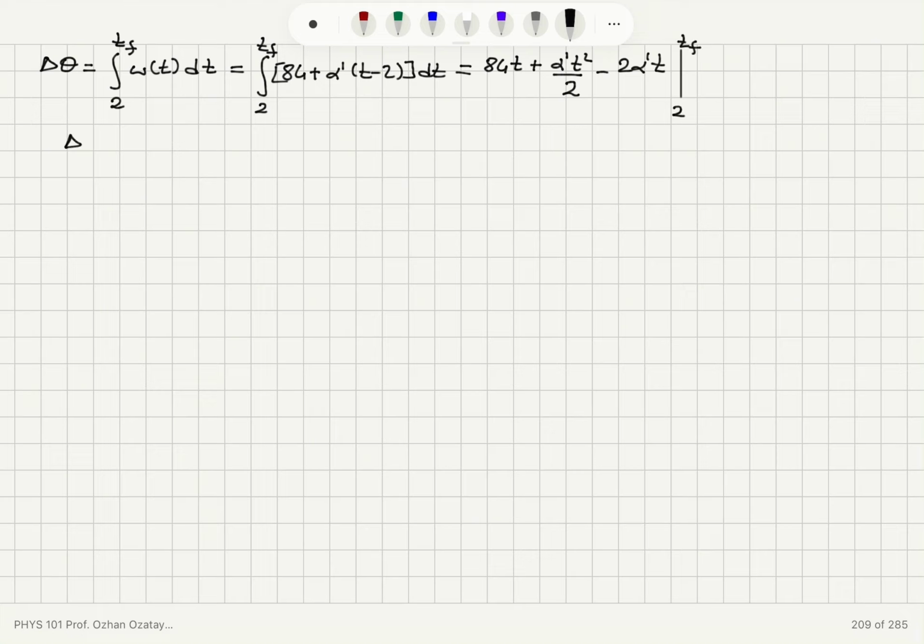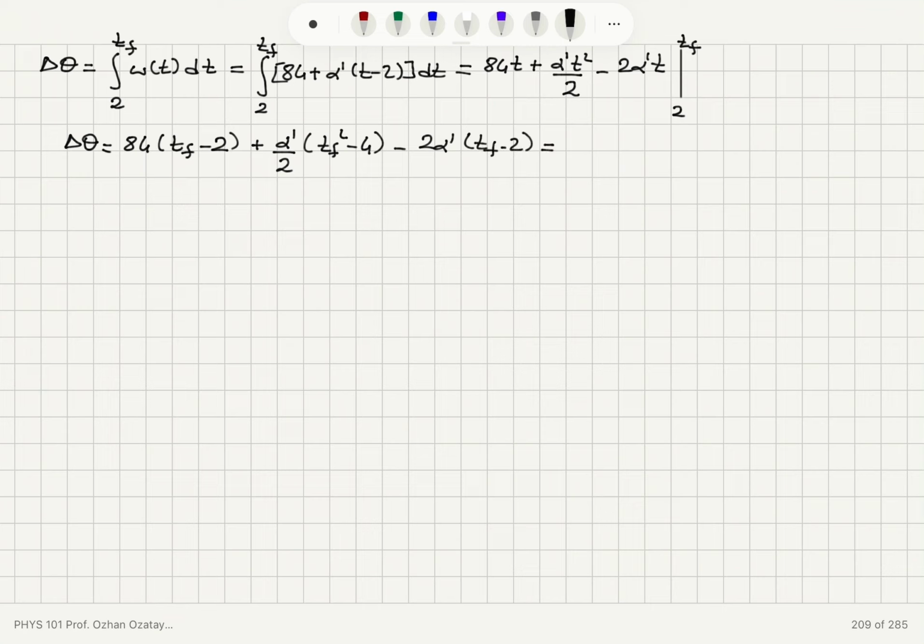So the total angular displacement between t equals 2 and t equals t final will become 84 times (t final minus 2), plus alpha prime over 2 times (t final squared minus 4) minus 2 alpha prime (t final minus 2).